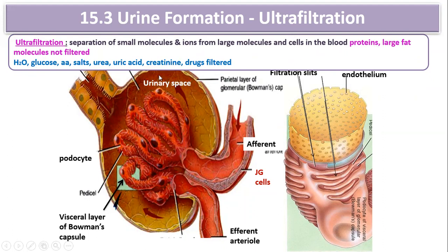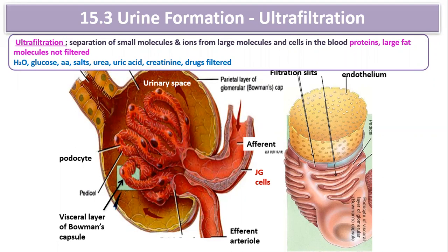That means primary urine has all these substances accumulated in the glomerular filtrate. It is called deproteinized plasma because it does not have protein; the rest of the composition is the same as plasma.